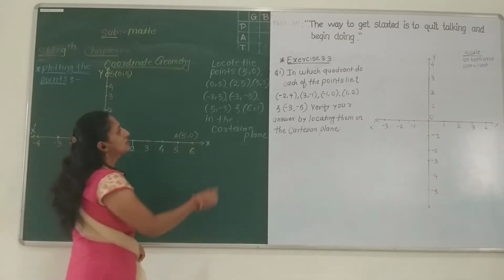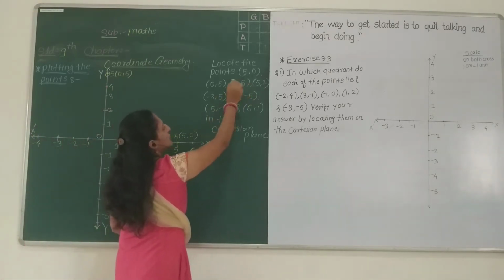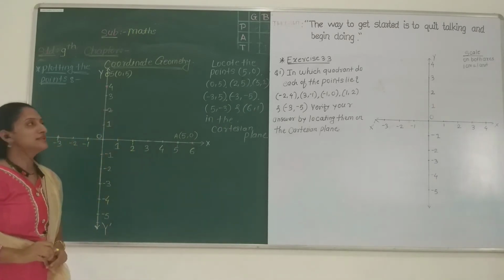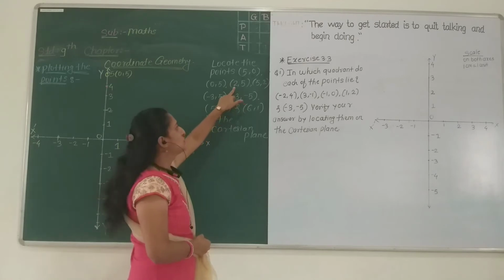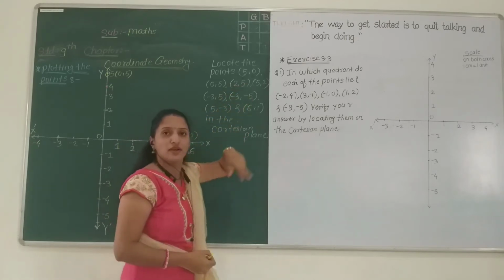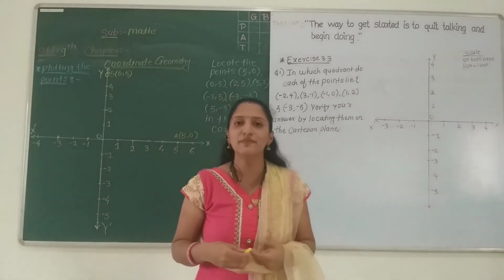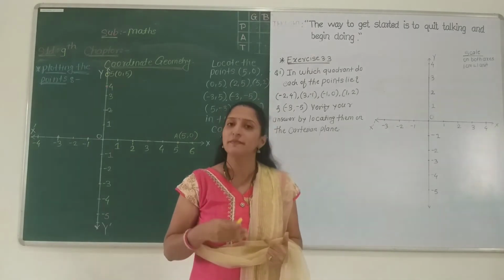Okay. Third one, (2, 5). On the x-axis the value is 2 and on the y-axis the value is 5. Do you remember what x coordinate means?